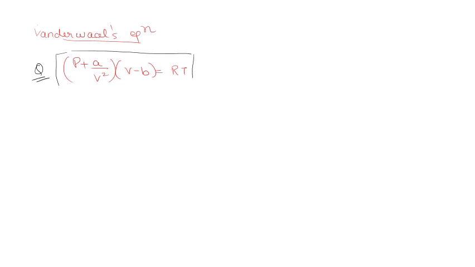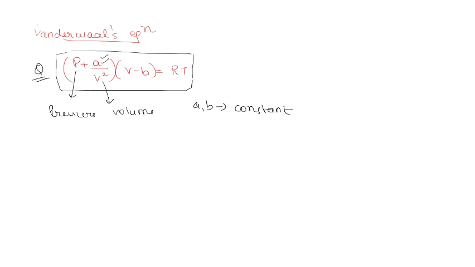P is pressure here, A and B are van der Waals constants, V is volume, right? So if I ask you to find out the dimension of A, what would it be?